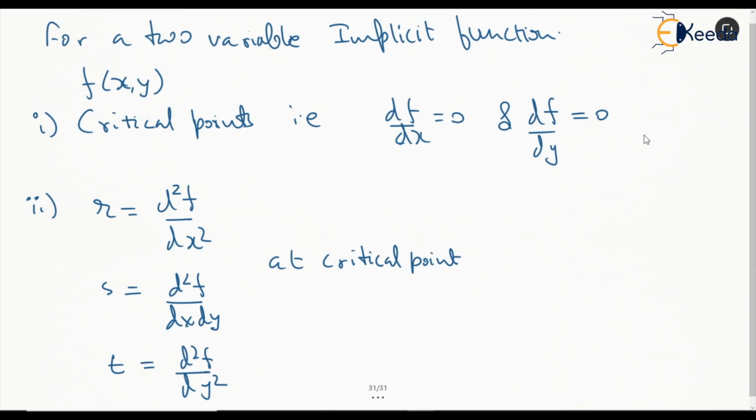Of course there can be more than one critical point, and let's say just for an example one of the critical points for this function is alpha and beta. So we'll find r, which is the double derivative in terms of x. Double derivative in terms of x and y will be s, and double derivative in terms of y will be t.